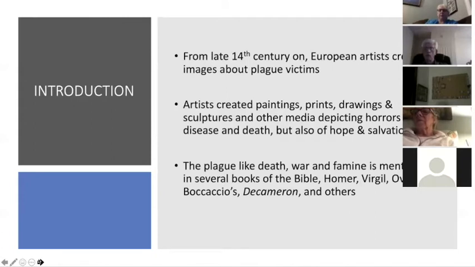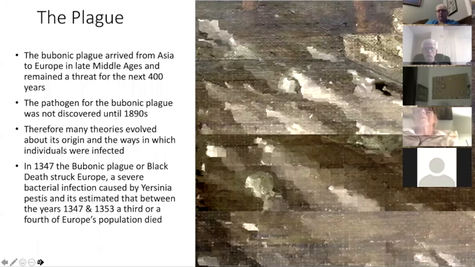Boccaccio's Decameron, in his intro, discusses the plague in detail.